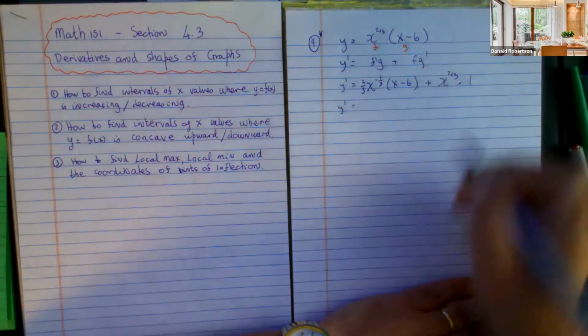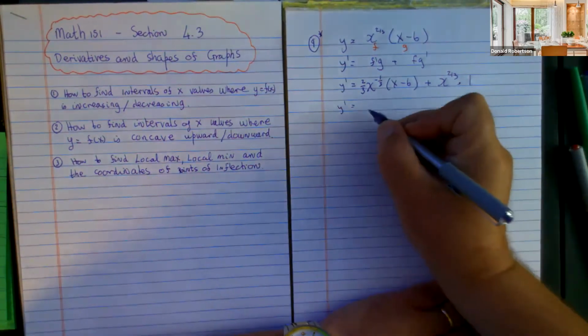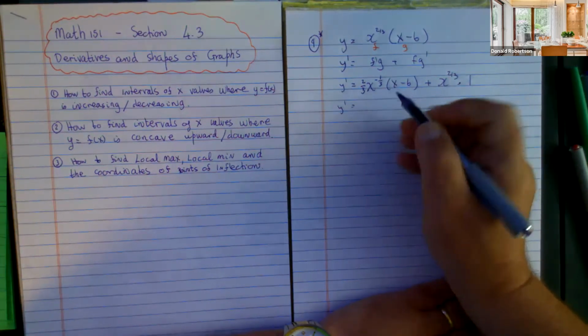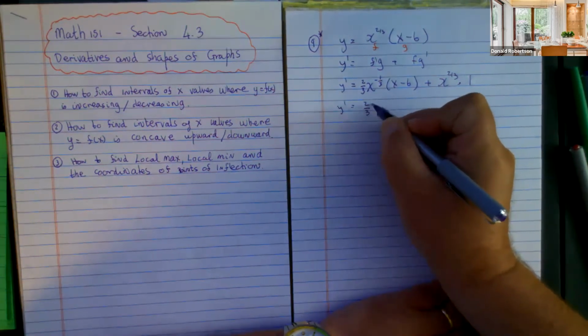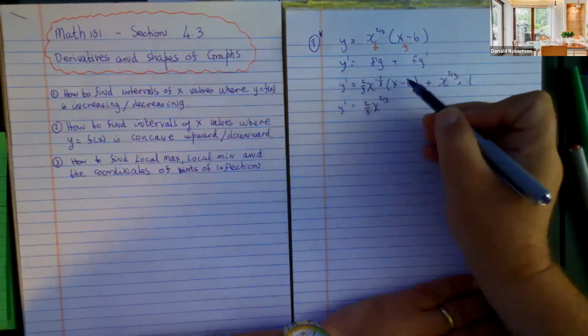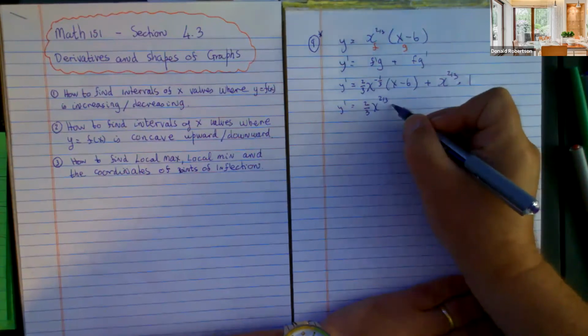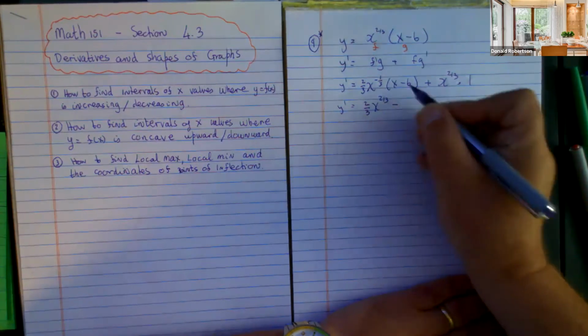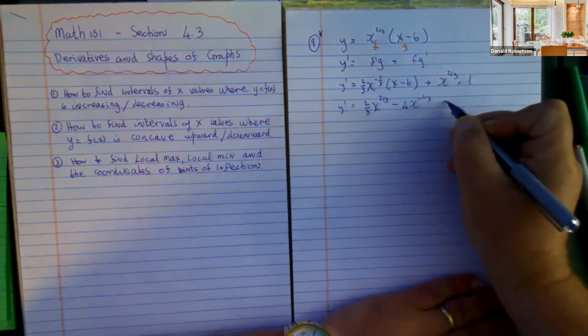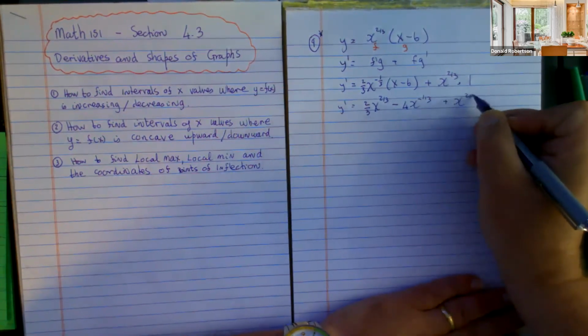The algebra in here is going to be really ugly, but we just have to live with it. If you multiply this guy by this guy, you'll get 2/3 x to the 2/3. If you multiply this guy by -6, you'll get -4 x to the -1/3, and then you have x to the 2/3.